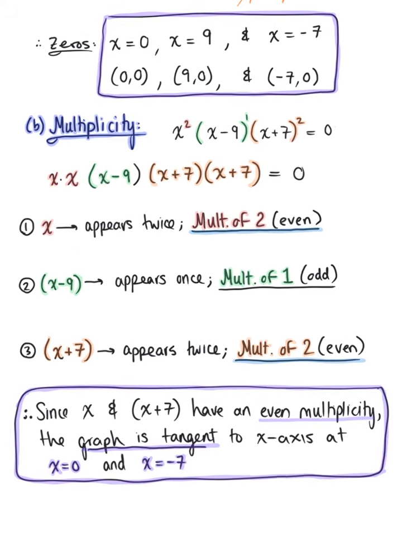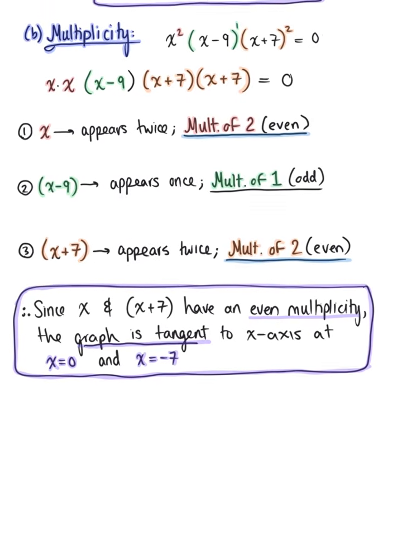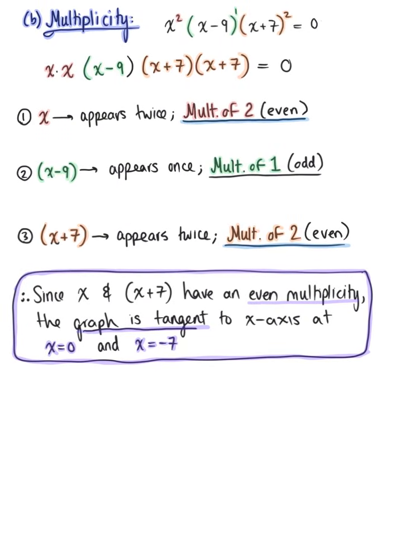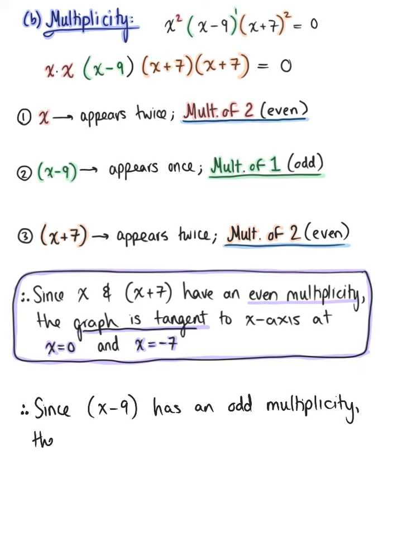Beautiful! So now we also need to go ahead and think about the results for the factor x minus 9, which has an odd multiplicity. So we can conclude that therefore, since the factor x minus 9 has an odd multiplicity, by definition, this lets us know that the graph is going to cross the x-axis at the 0.